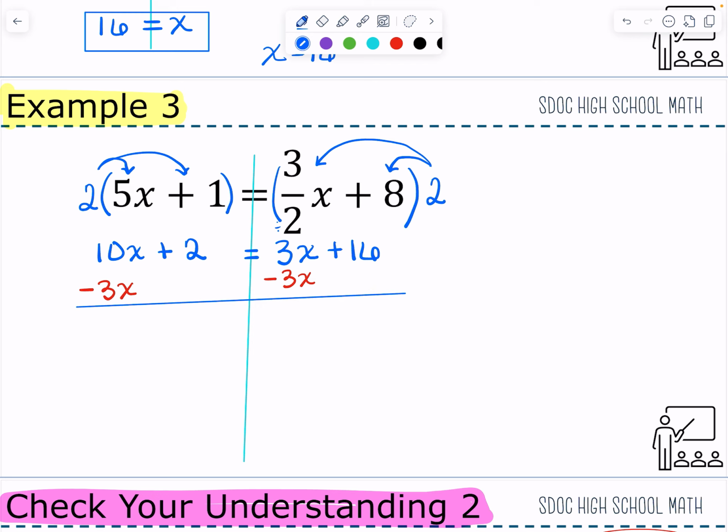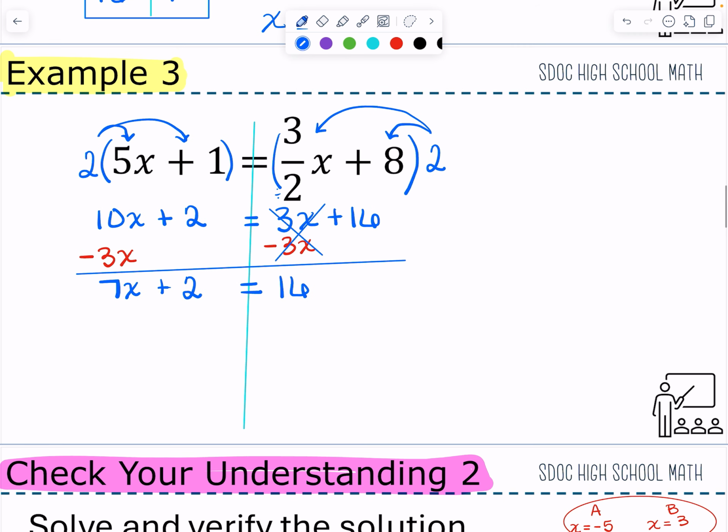10x minus 3x is 7x. Bring down plus 2 equals 3x minus 3x makes 0. And then I have positive 16. Now to keep working to get x by itself, x is being multiplied to 7 and added to 2. So I'm going to get rid of the one that's furthest from it. That's positive 2. How do I get rid of positive 2?